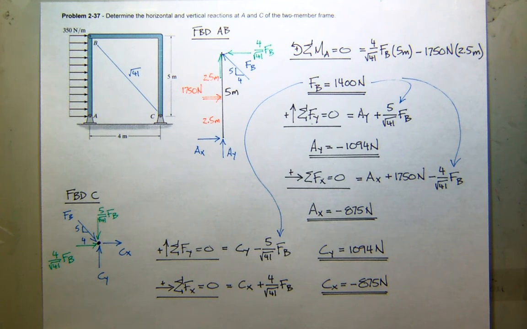AX is equal and opposite CX. That's all it gives you. It doesn't give you the value. You could do that. But you're still going to have to take it apart somewhere and eventually find one of the X components to be able to find it. I just thought it'd be more instructive now just to go ahead and take it apart, do one whole piece, and then do a second piece. But you could. And sometimes that's an advantage. Get as much information as you can from the whole structure before you start taking it apart. You can do that also.